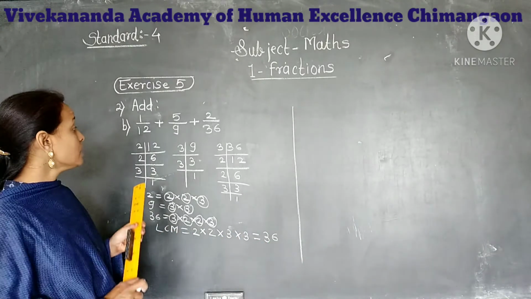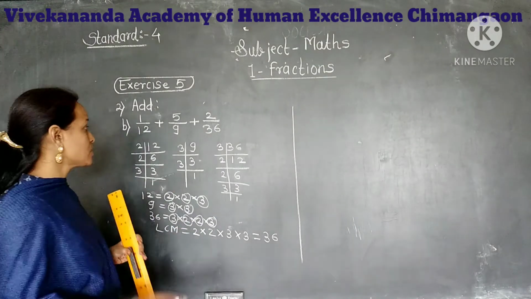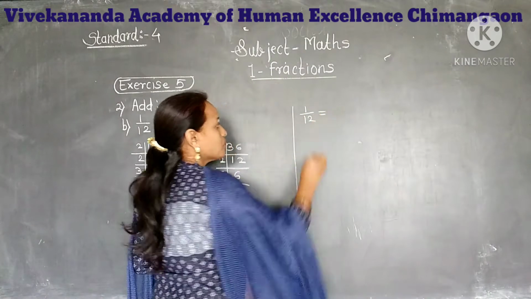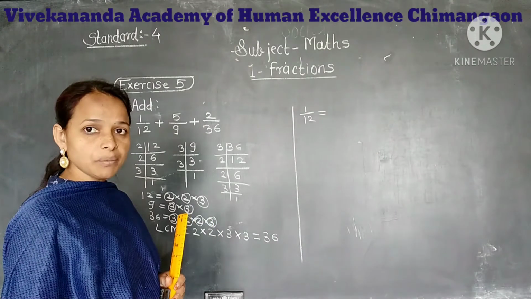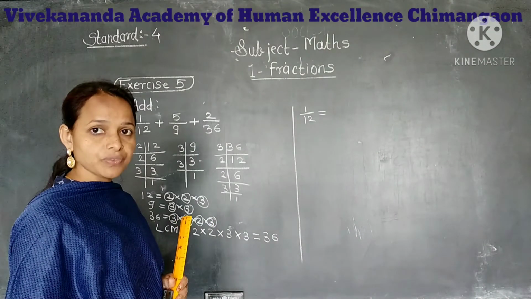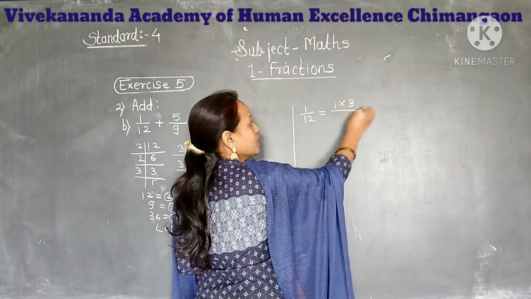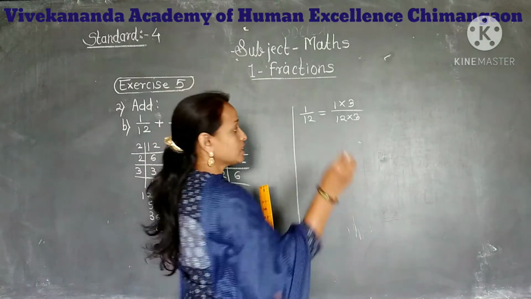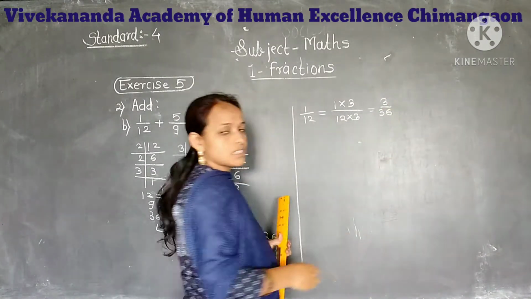Now we convert denominator as 36. So first fraction is 1 upon 12. But here we want denominator as 36. So we multiply 12 by 3. 12 3s are 36. So multiply 1 by 3 and 12 by 3. 3 1s are 3. 12 3s are 36.